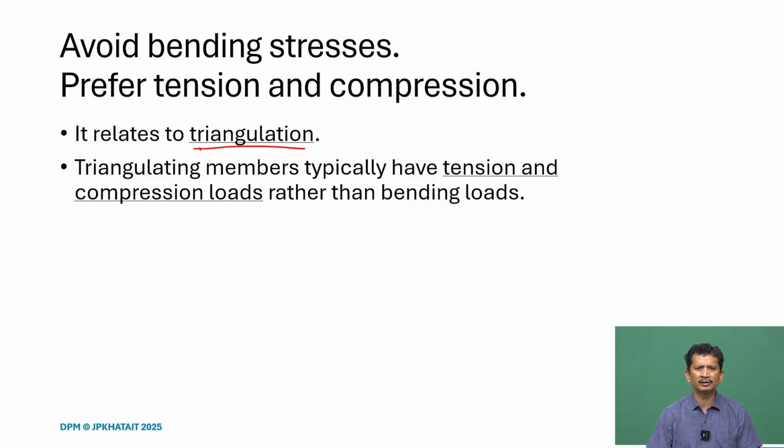And in all those designs, what we realize is that the individual components are typically either in tension or compression. So, if we follow that, most of the members are in tension and compression, and we try to avoid any kind of bending loads if you are looking for high rigidity and high stiffness.